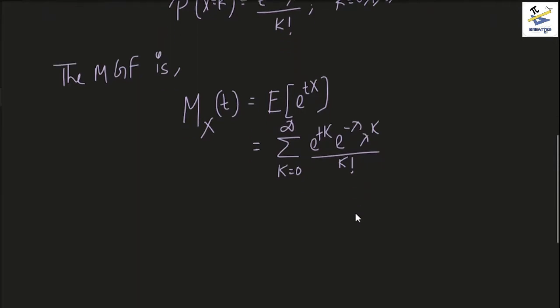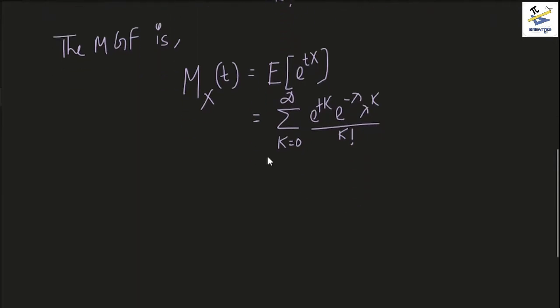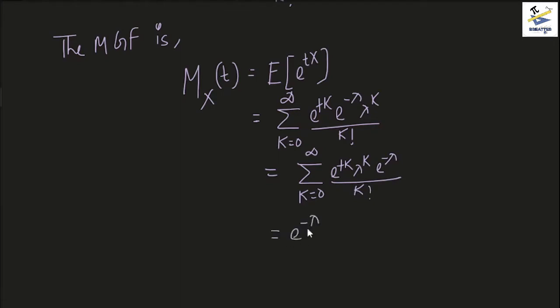So this basically is the definition, and we can simplify it further as follows: the sum over k equals 0 to infinity of e to the power tk, lambda to the power k, e to the power minus lambda divided by k factorial. Since e to the power minus lambda is a constant, we can bring it outside to find that this is essentially equal to the sum of lambda e to the power t, whole to the power k, divided by k factorial.